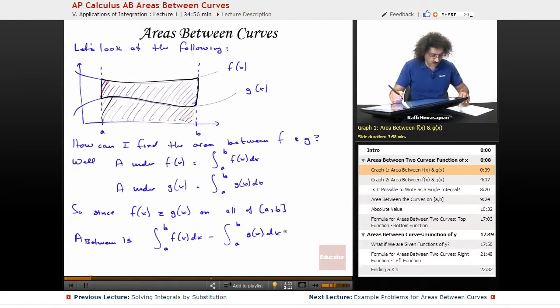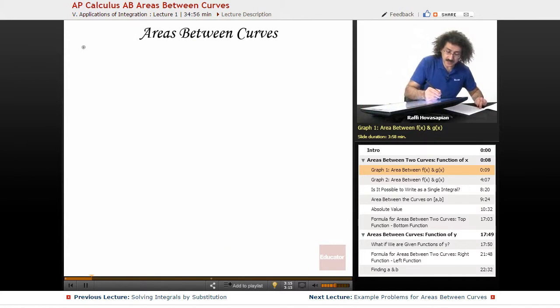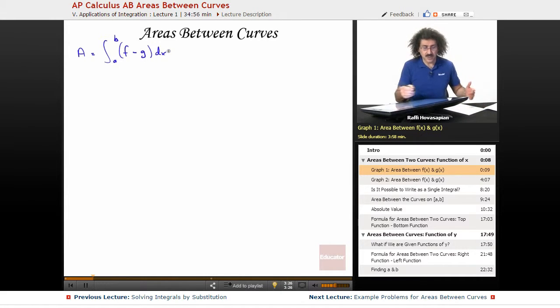Nice and straightforward. Of course, that's equal to the integral from a to b of f minus g dx. Generally you'll express it like this, and as a practical matter, when you solve it, you'll separate it out as the integral of f minus the integral of g.